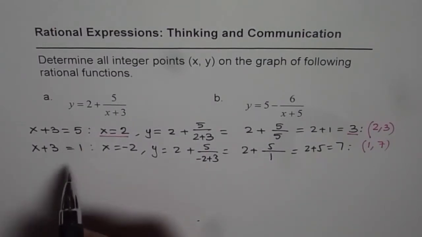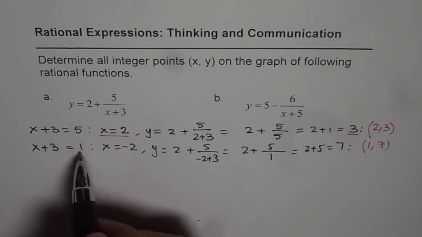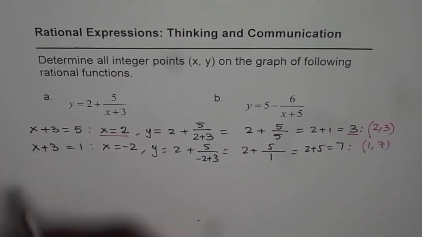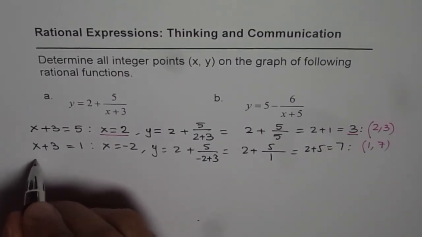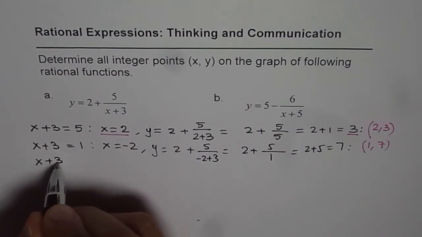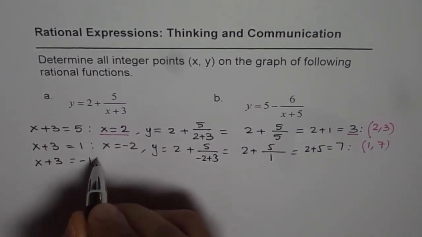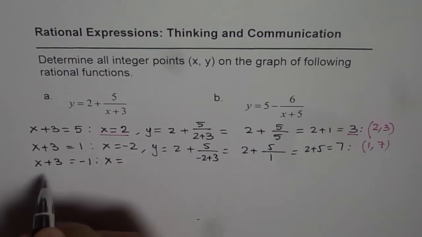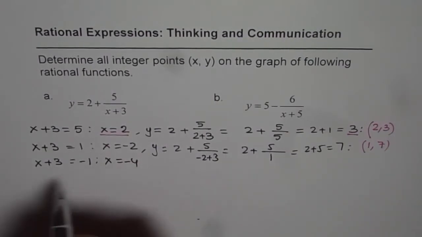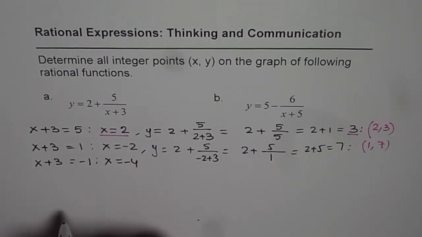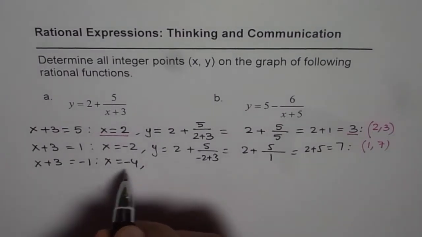Now think about other numbers. Well, the other numbers could be minus 1 and minus 5, correct? So let's do them. If x plus 3 equals minus 1, in that case x should be minus 4, right? Minus 4 plus 3 is indeed minus 1. So what do we get for y?